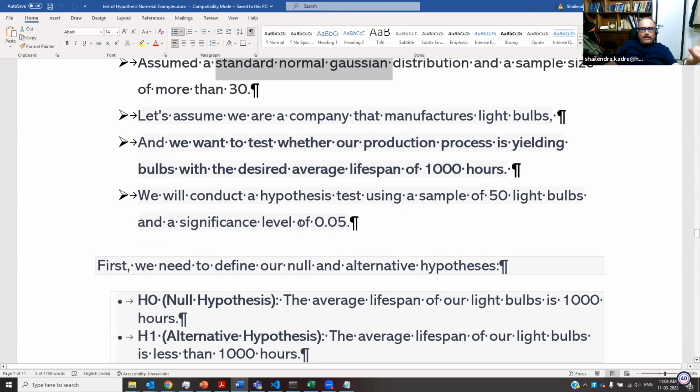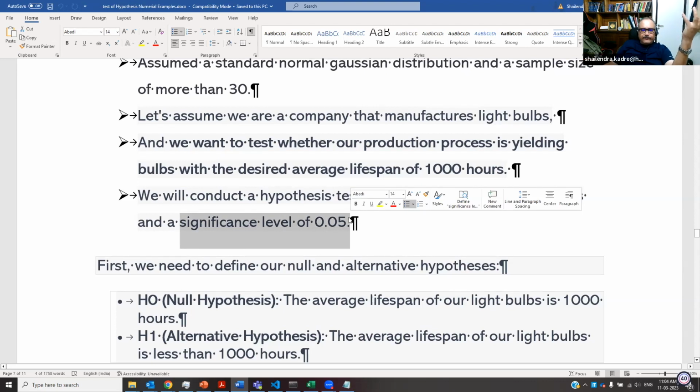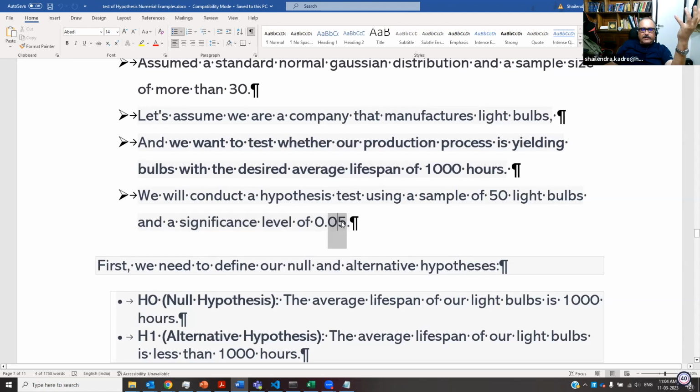We conduct a hypothesis test using 50 light bulbs, so the sample size is more than 30, and a significance level of 0.05, which means 5%.